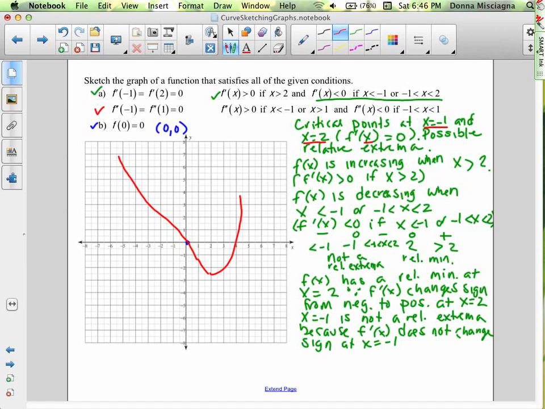Now that would be the second derivative, so I'm going to put 2 check marks, because that's the second derivative. It says that f double prime of -1 equals f double prime of 1 equals 0. So we have critical points at x equals -1 and x equals 1. So those are possible inflection points.